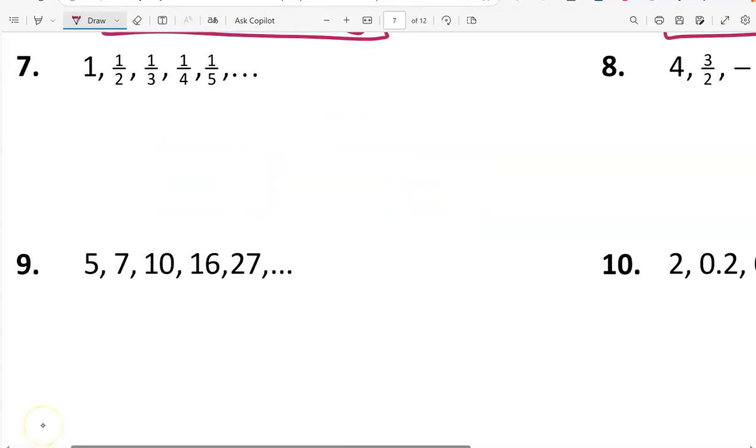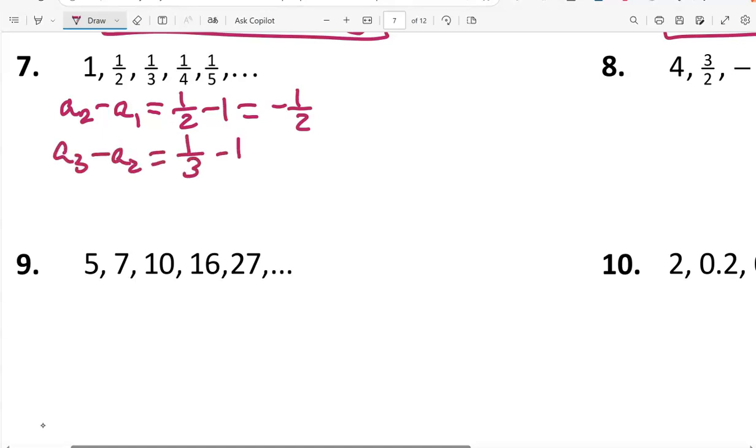In number 7, if I look at common differences, a sub 2 minus a sub 1 is a half minus 1, which is negative a half, and a sub 3 minus a sub 2 is a third minus a half, which is equal to 1/6. So we do not have a common difference. Let's look at ratios.